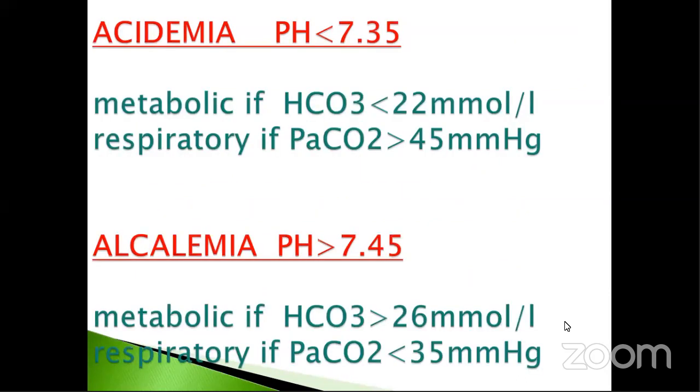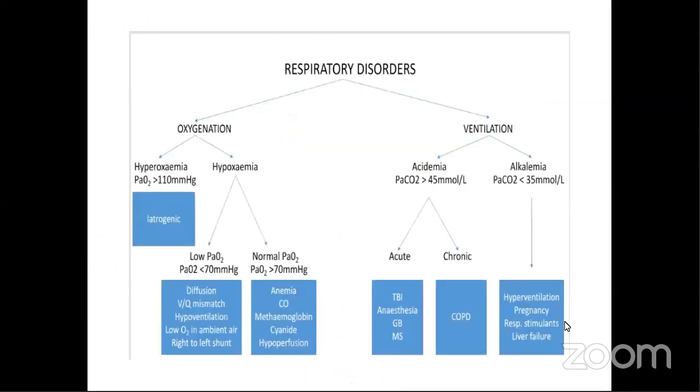Acidemia and alkalemia, it's actually the pH in first case less than 7.35, and in case of alkalemia more than 7.45. Acidemia and alkalemia, it's also classified to metabolic and respiratory, depends on whether bicarbonate or PaCO2 is involved.